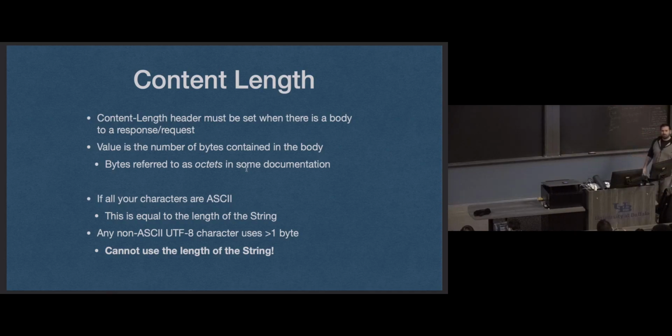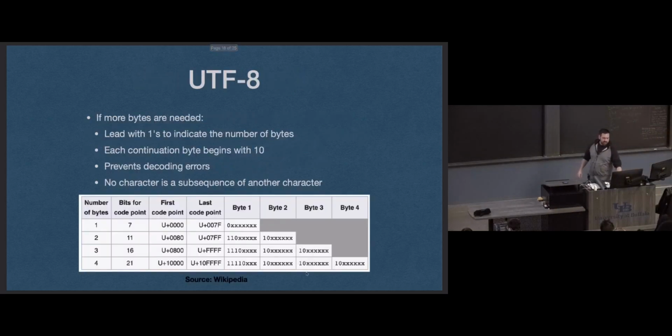It'd be fine. But what happens when you have a non-ASCII character? When you have one of these characters that takes multiple bytes, you cannot take the length of the string and use that as your content length. It will not work. Make sure you're getting the number of bytes for the content that you're sending, not the length of the string.